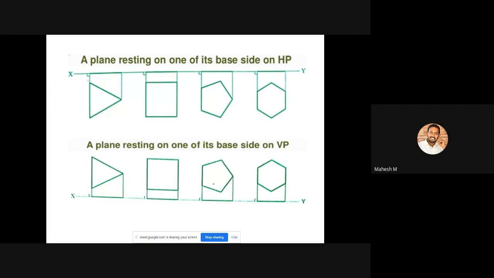Okay, so this condition, plane resting on one of its base side on HP.